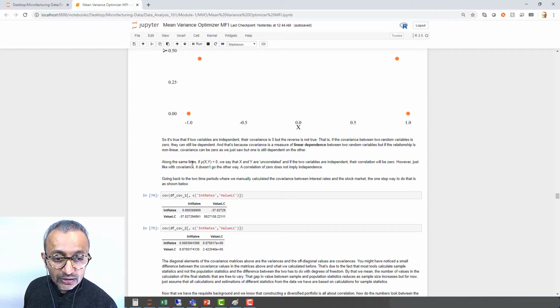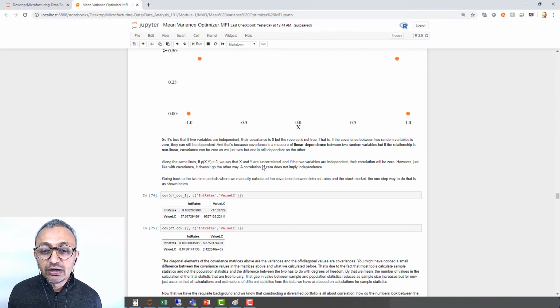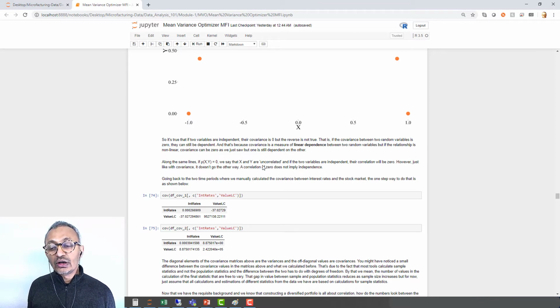Along the same lines, if correlation, say rho xy, is 0, we can say that x and y are uncorrelated, and if the two variables are independent, their correlation will be 0. However, just like with covariance, it doesn't go the other way. A correlation of 0 does not imply statistical independence.